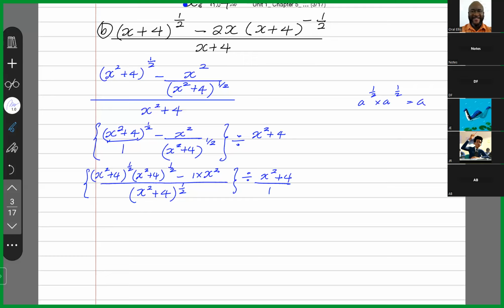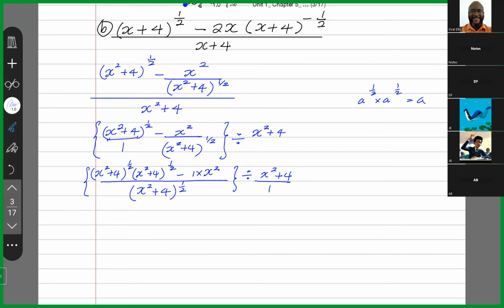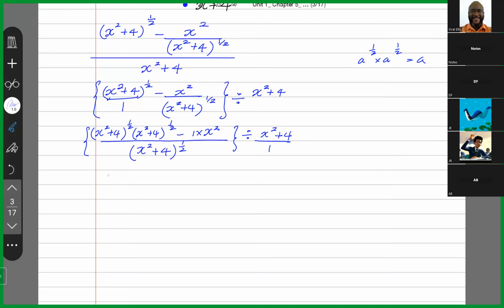So (x squared plus 4) to the half power times (x squared plus 4) to the half power is equal to x squared plus 4. All right, because if you're multiplying and the base is the same, you should add the indices. So what we have here is what? x squared plus 4 minus 1 times x squared is x squared, and this is over (x squared plus 4) to the half power.